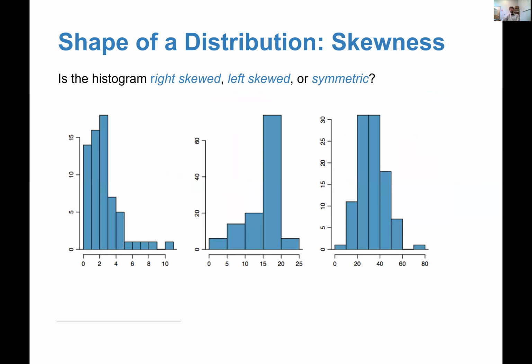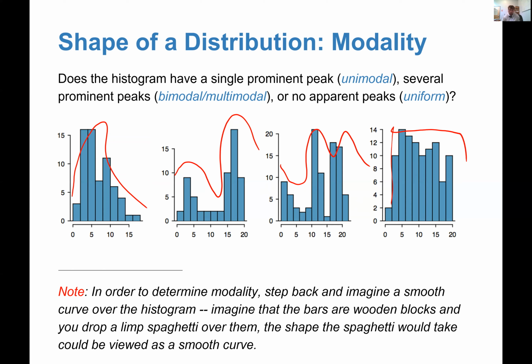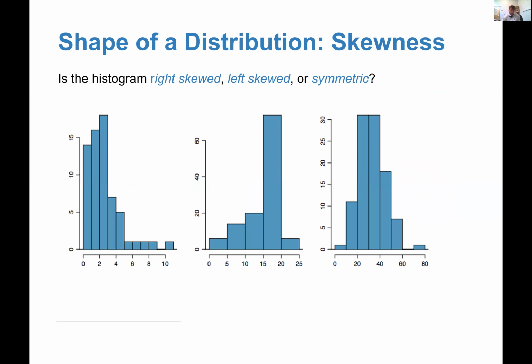Moving on. Another way to describe the shape is the skewness. By the way, in homework problems, when I ask you to describe the shape, I'm asking for unimodal or bimodal or multimodal or uniform. And I'm also asking for right skewed or left skewed or symmetric.